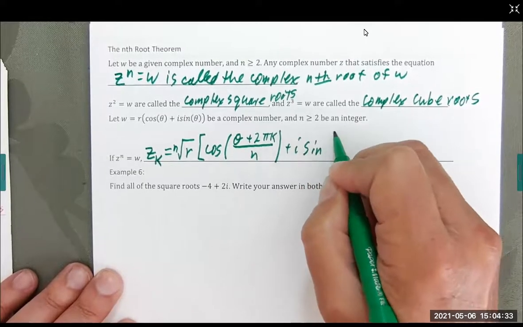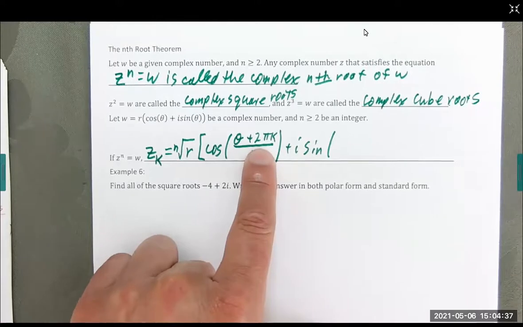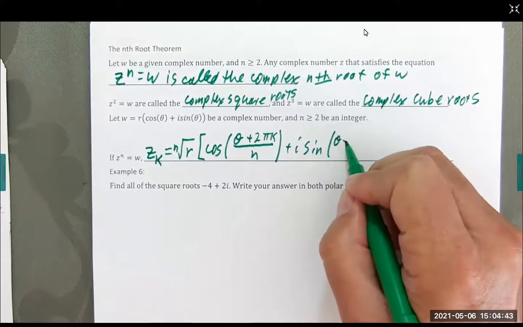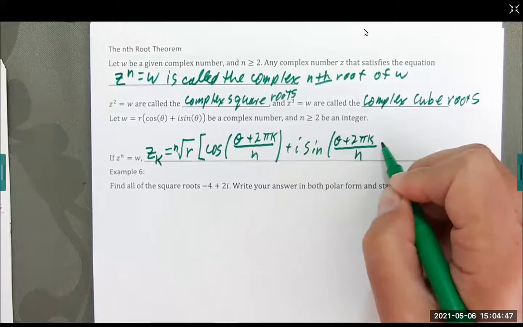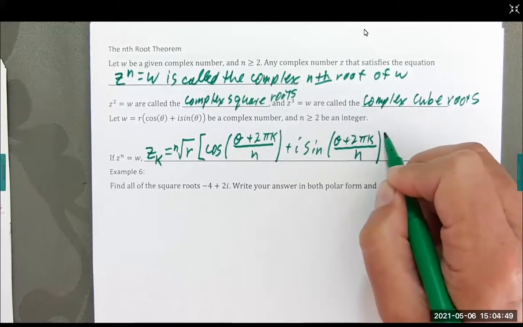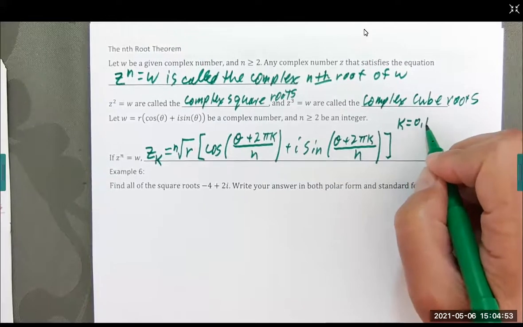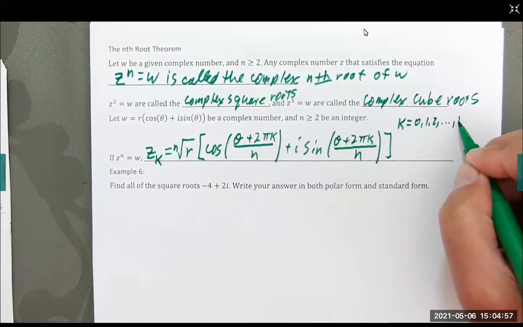And by the way, I mentioned degrees. You can see I have the 2 pi in there. When we do degrees, that's just 360 degrees. So it's the exact same formula, we just use degrees instead of radians. Theta plus 2 pi k over n. This is where k goes up to n minus 1.